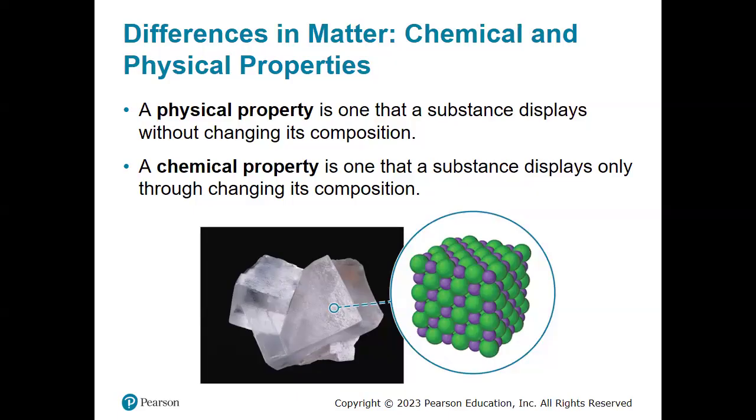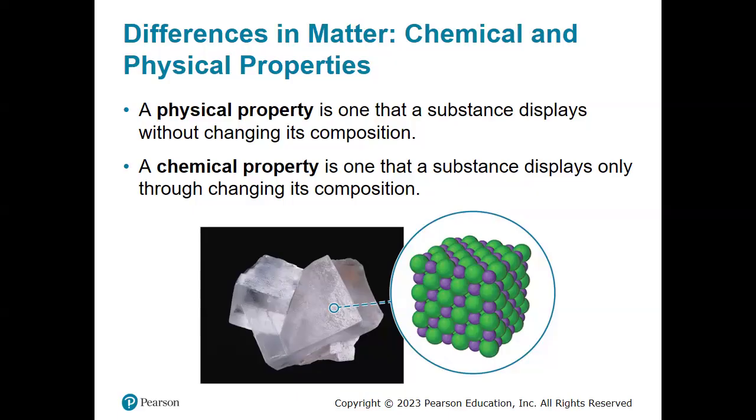Now, the difference between those two has a lot to do with what's happening to the substance as we observe them. If we are describing a physical property, that is a property that we can describe without changing the composition of the substance itself. Whereas chemical properties, in order to observe them, we must also change their chemical composition, or at least attempt to change their chemical composition.